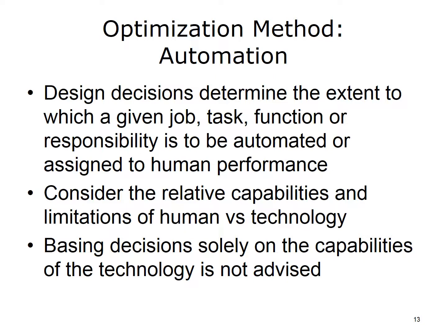These include the relative capabilities and limitations of humans versus technology in terms of reliability, speed, accuracy, strength, flexibility of response, financial cost, the importance of successful or timely accomplishment of tasks, safety, and user satisfaction, both short-term, for example, as comfort and pleasure, and long-term, for example, as health, well-being, and job satisfaction. Basing such decisions solely on those functions the technology is capable of performing and then simply allocating the remaining system functions to users is likely to result in an ineffective design.